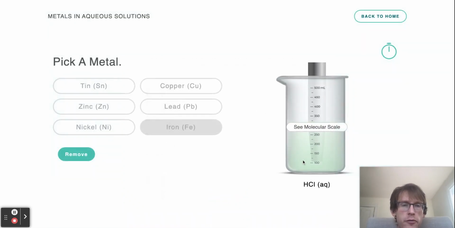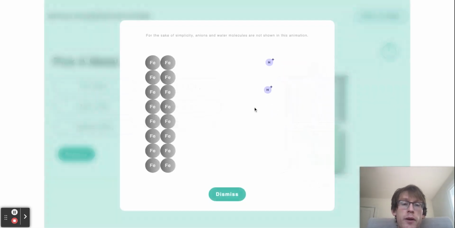We can see it's kind of greenish here, and that's because the iron oxidized. It went from being neutral to being positive 2, and that's because the hydrogen was less active than the iron.